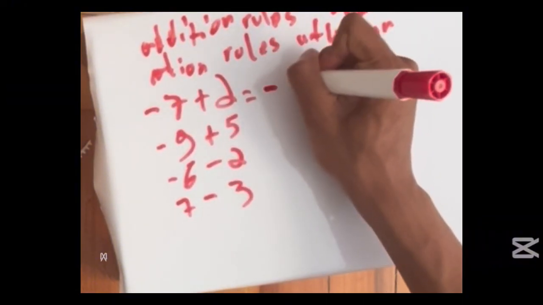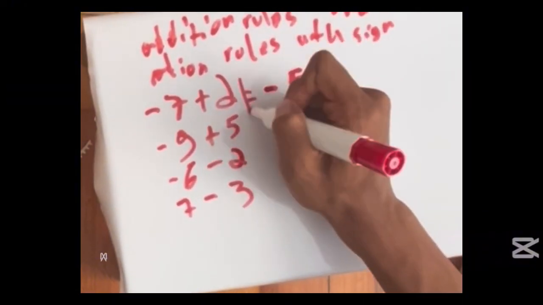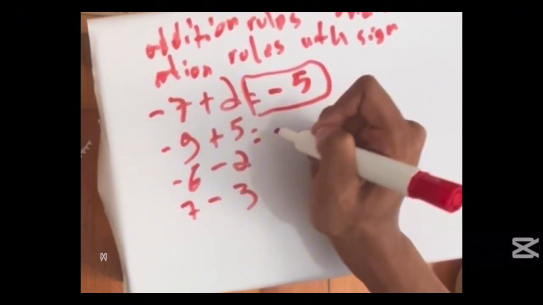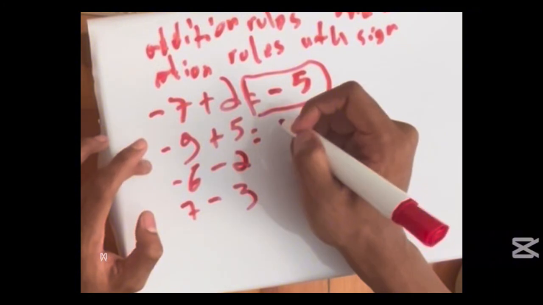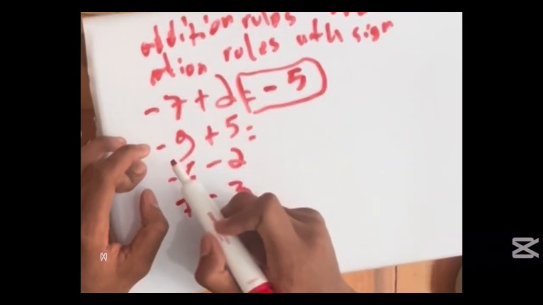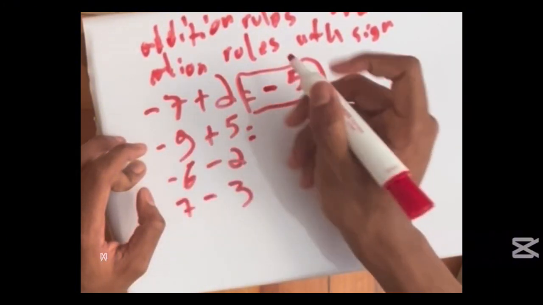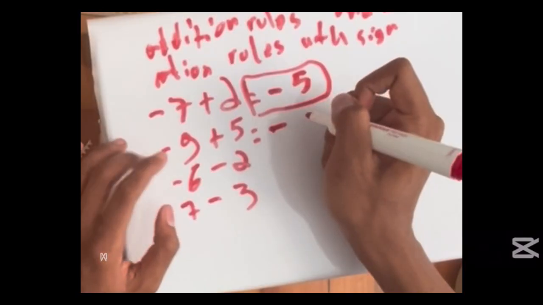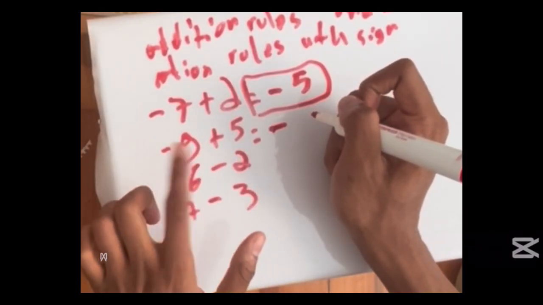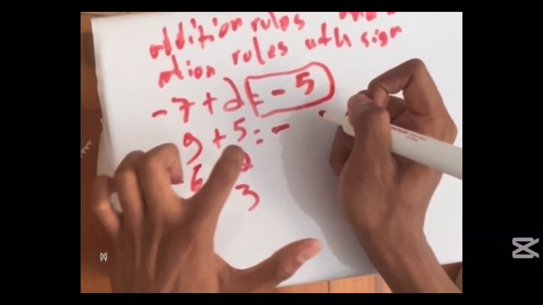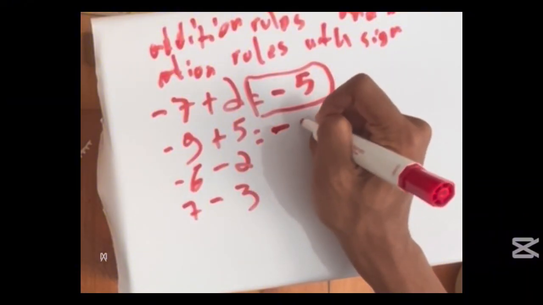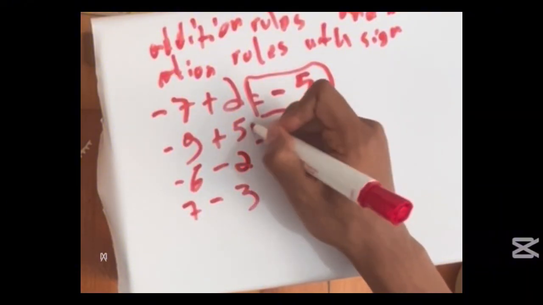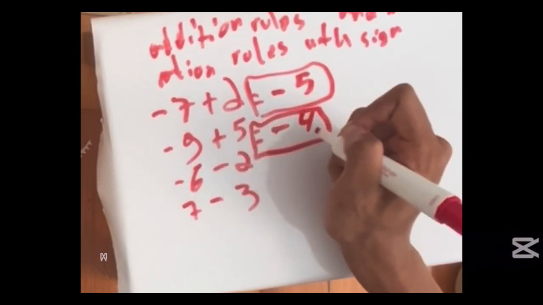It's gonna be 5, right? So this is the answer for the first one. So the second one, it's gonna be the same deal. So we keep the sign in front of the biggest number, which is gonna be a negative, and we subtract these two numbers. So we're gonna do 9 minus 5, which is gonna equal 4. This is the result for the second one.